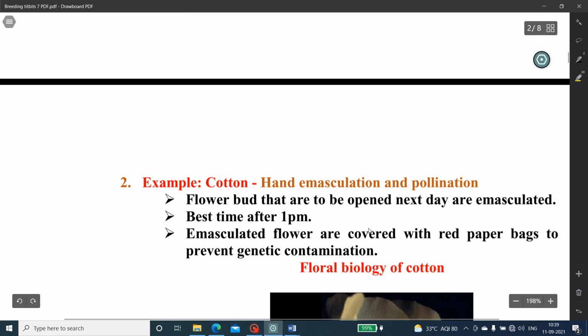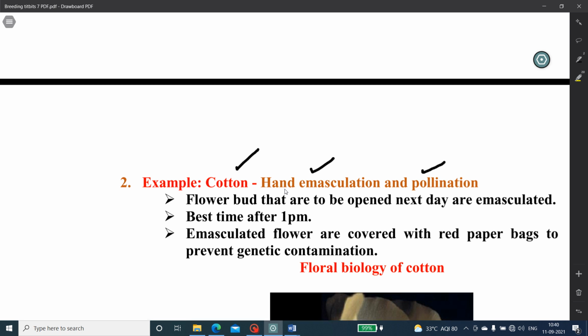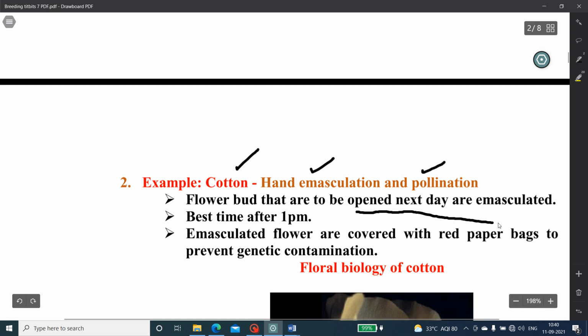Now we will take a typical example of cotton, in which the female flowers are emasculated and then pollinated. While selecting flower buds for emasculation, you have to select a flower bud that will open the next day.